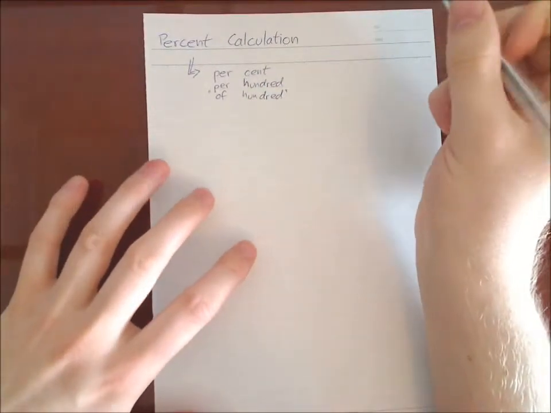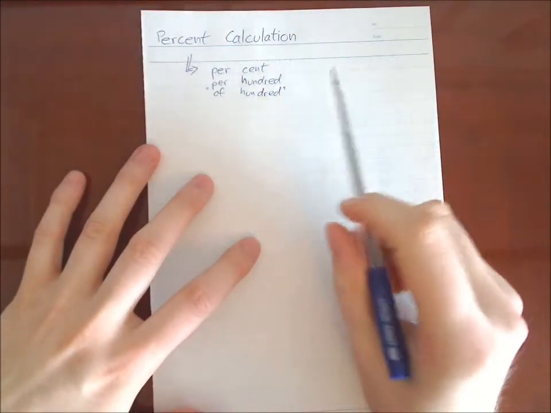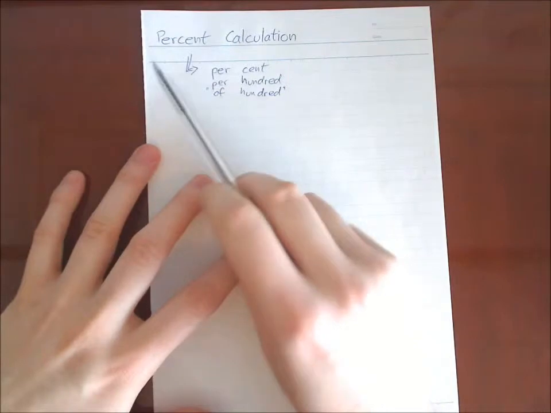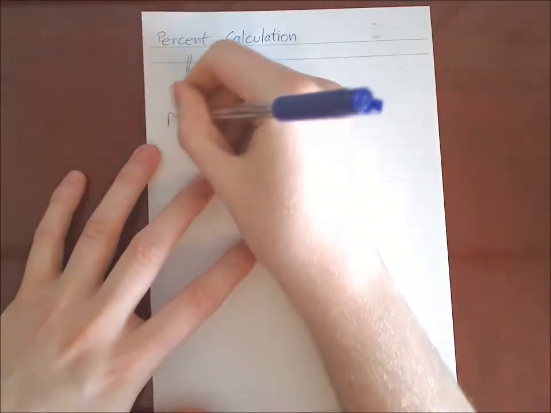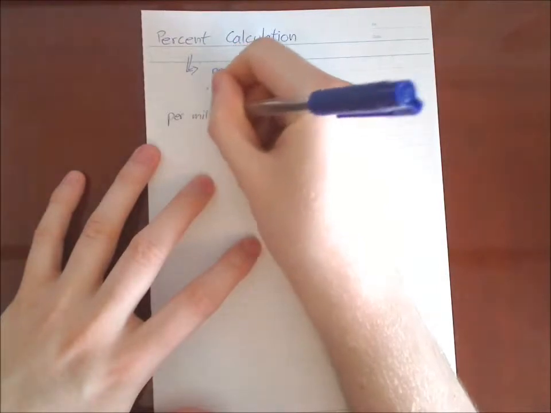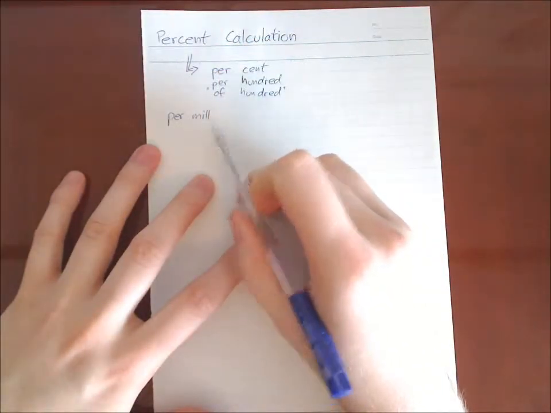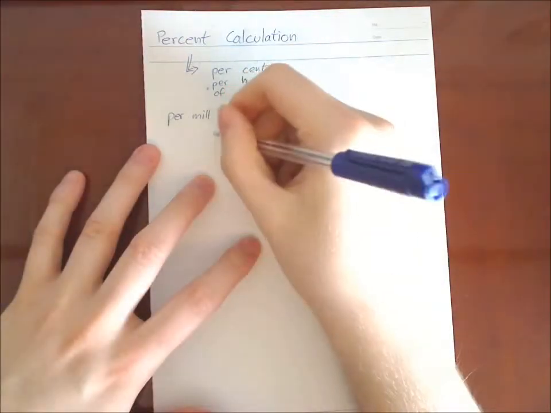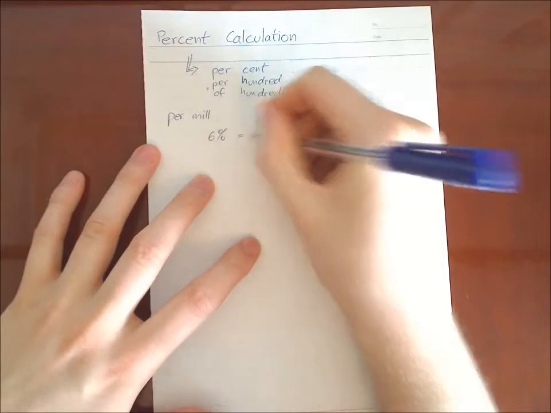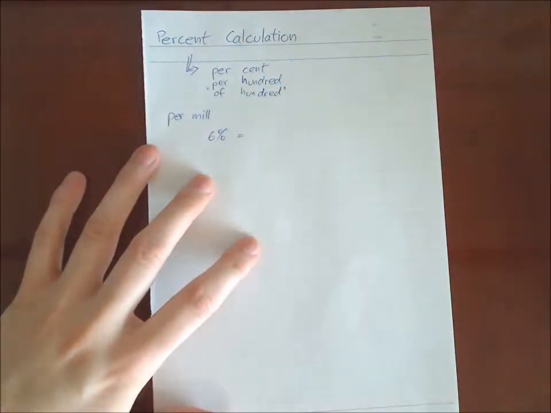And the thing how to calculate it, or maybe first let's talk about something very similar to percent calculation, which is called per mil calculation. Per mil, also from Latin, means per thousand. So what it basically means, if you have 6%, then we say, for example, 6 people of 100 people have blue hair or something.